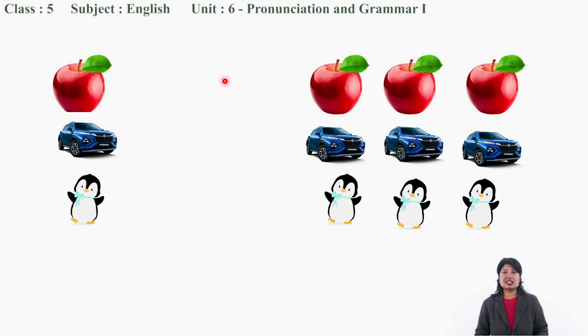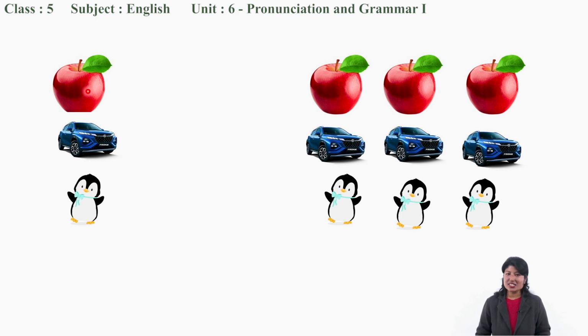Yes, one object is singular. So how do we call it? An apple, right? An apple. So when there are 1, 2, 3, 4, 5, if there are many, then apples, right? More than 3 is also plural, right?